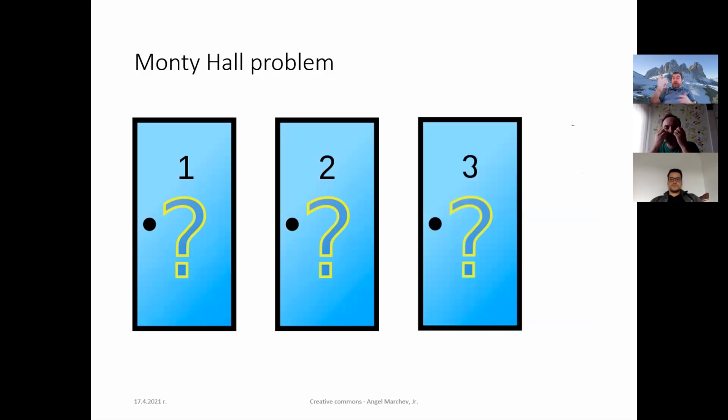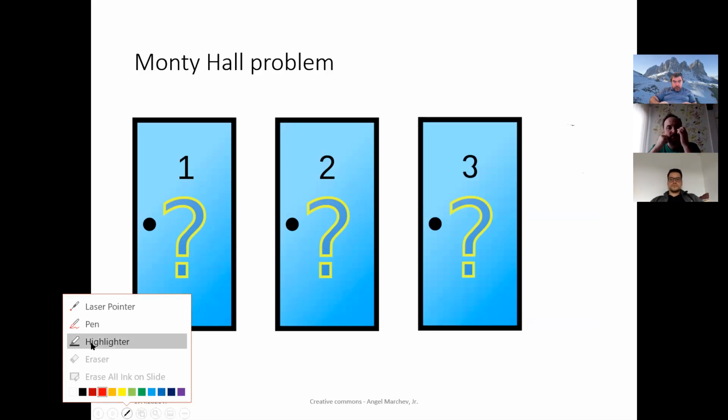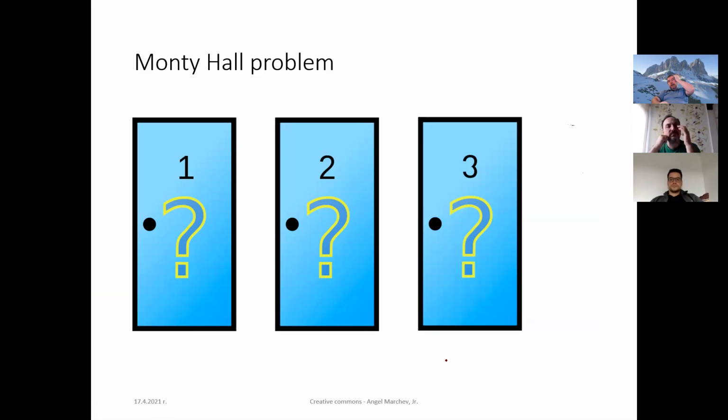Second of all, the mathematics of it. I'm going to switch to writing. Before we open any door, what are the probabilities of having the reward behind each of the doors? Three doors, 1/3.